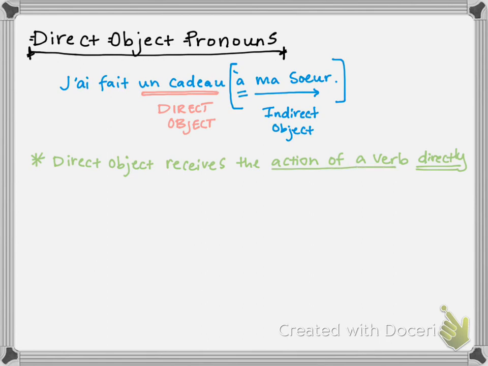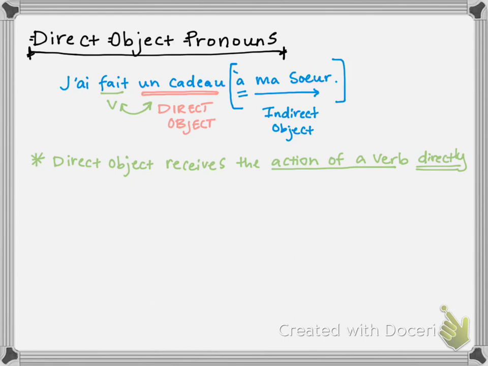Okay, so I gave a gift. This is our verb. It's receiving the action of this verb. So that's how we know that's our direct object. Okay?